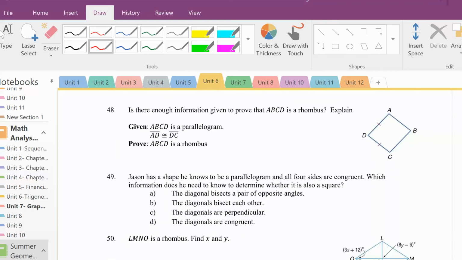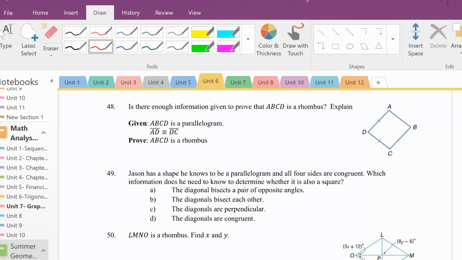So, the question here says, is there enough information given to prove that ABCD is a rhombus? Explain. Well, it says given ABCD is a parallelogram and AD is congruent to DC.